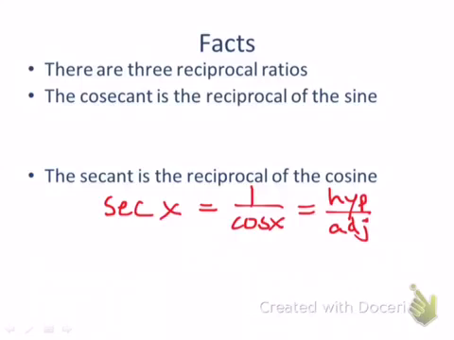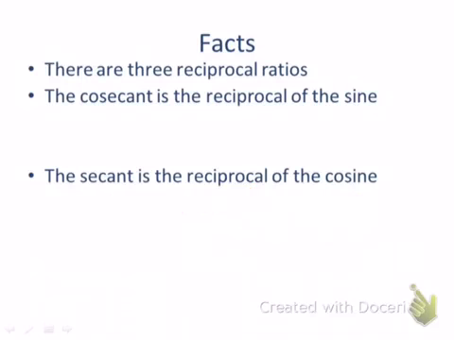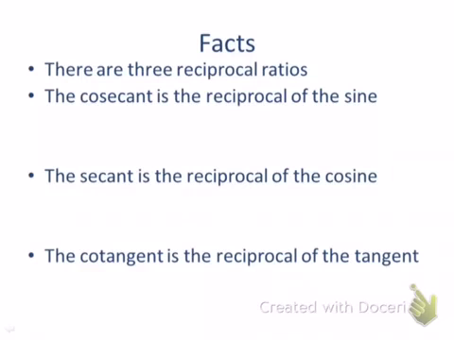And then thirdly, the cotangent is the reciprocal of the tangent. The abbreviation for cotangent is COT. So the cotangent of an angle x equals 1 over the tangent of x.